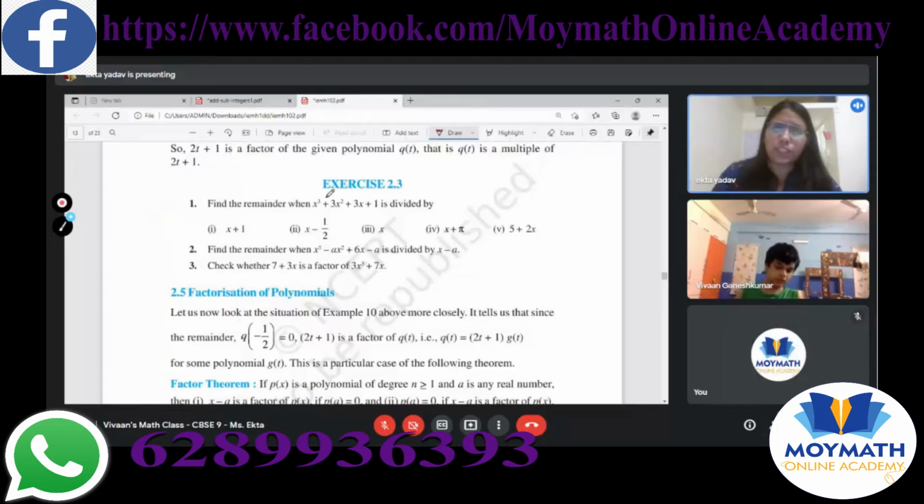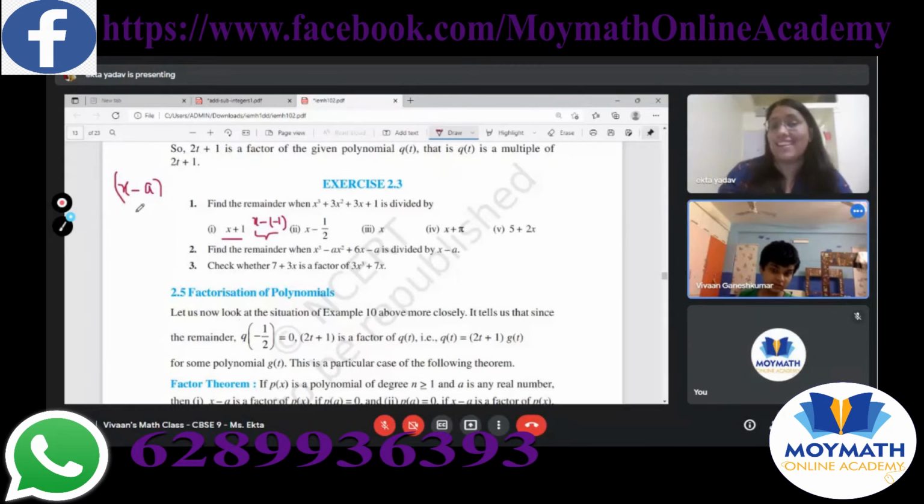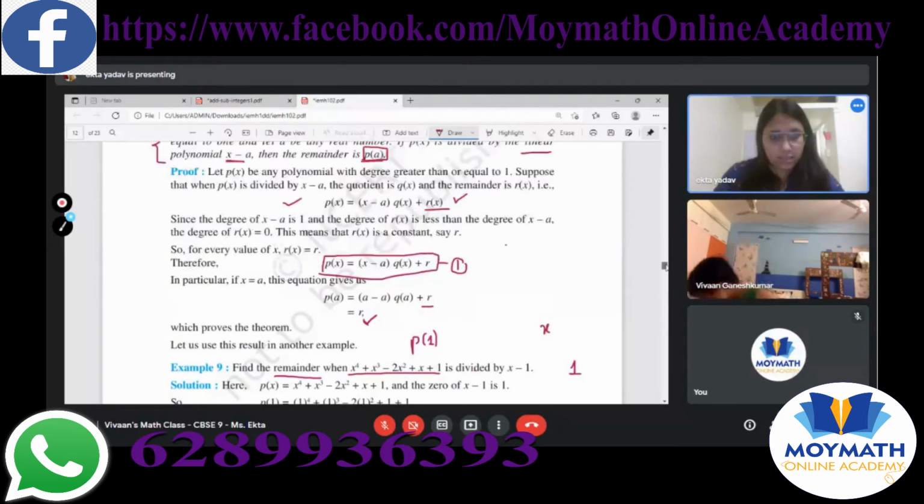Okay, just a question. What is a? 1, ma'am. 1 or minus 1? According to this remainder theorem, if my divisor is linear, which is x minus a, then a should be with a negative sign.